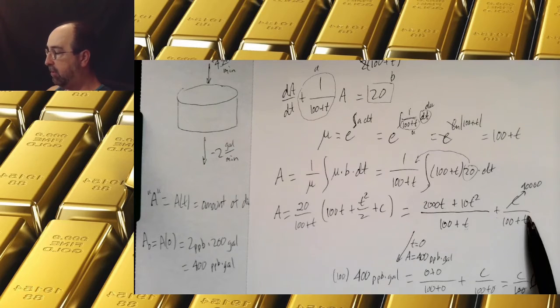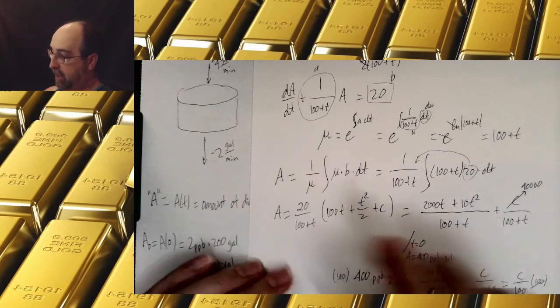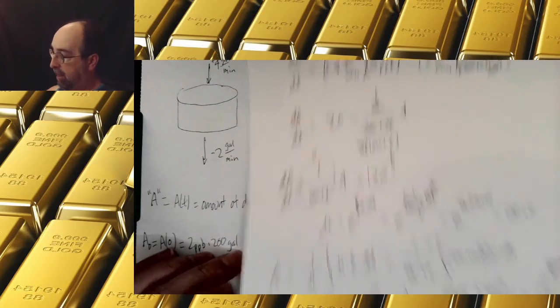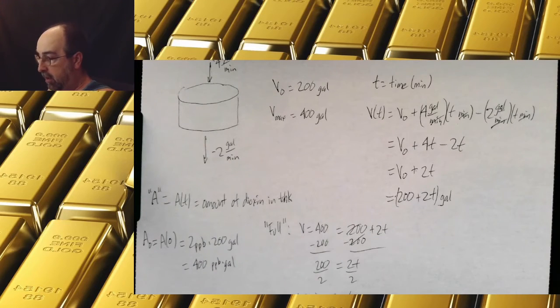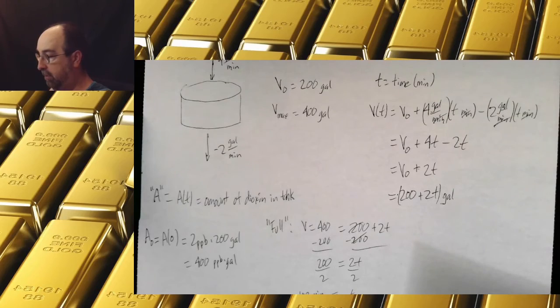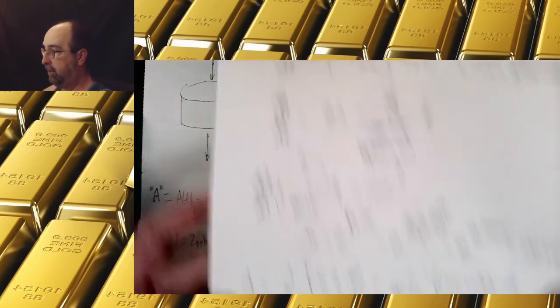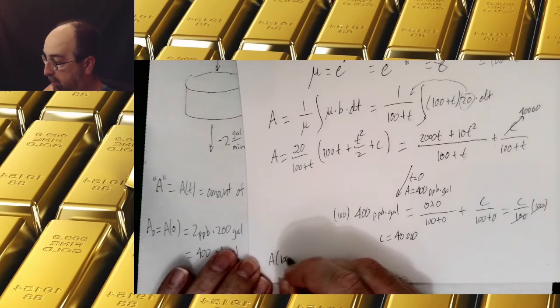They were asking us a question. In this problem, it was asking how much dioxin is in the tank when the tank is full. If I'm not mistaken, I found out that to have a full tank, you would have t equals 100 minutes. So what we're really going to try to figure out here is what is A at 100 minutes.